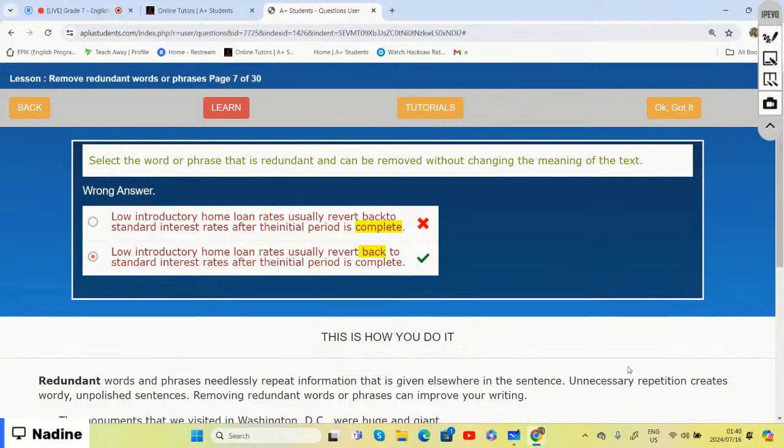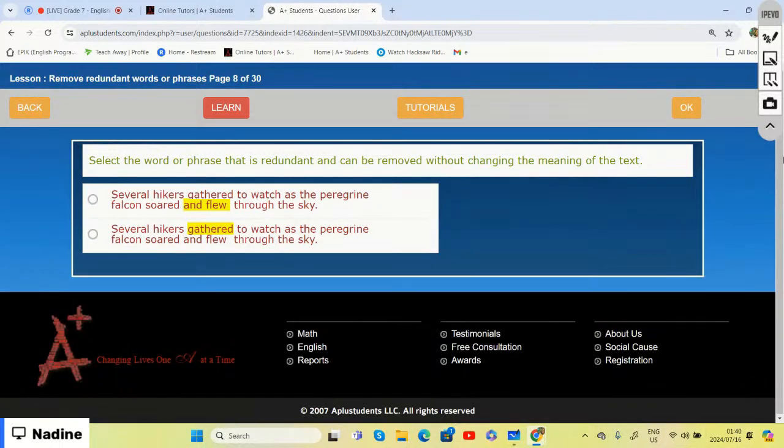It's actually option two, which is back. Yes, back is correct. The sentence on its own without the word back is still the same. Thank you very much. All right, let's look at the next one.